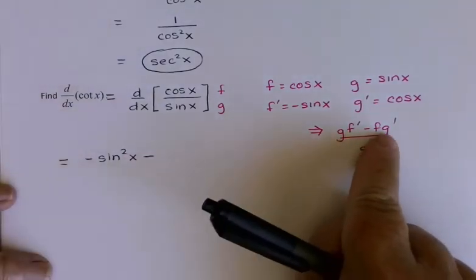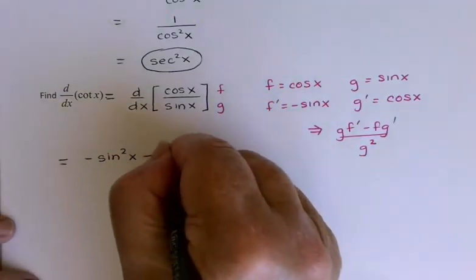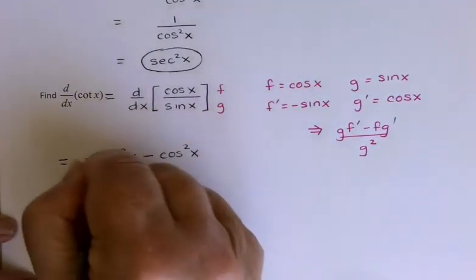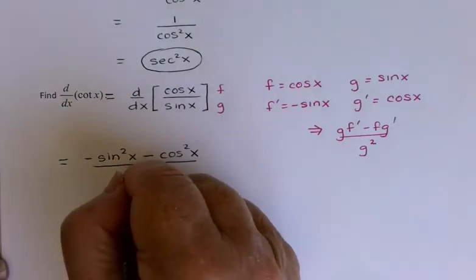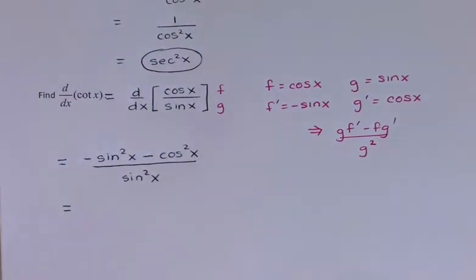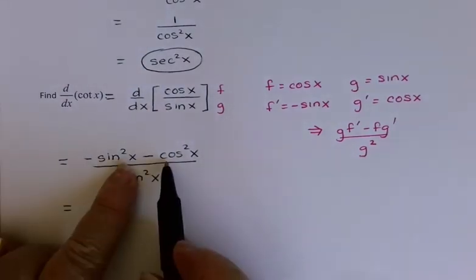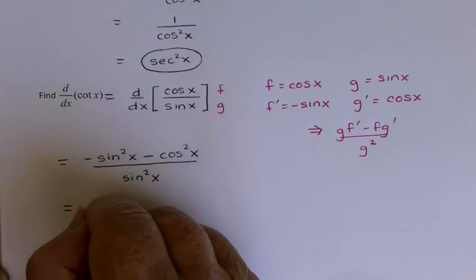Subtract f g prime. Multiplying f and g prime gives me cosine squared x. And g squared is going to be sine squared x. Here, if I factored out negative 1, I'd have that sine squared x plus cosine squared x, which is just 1. So maybe I should show that.